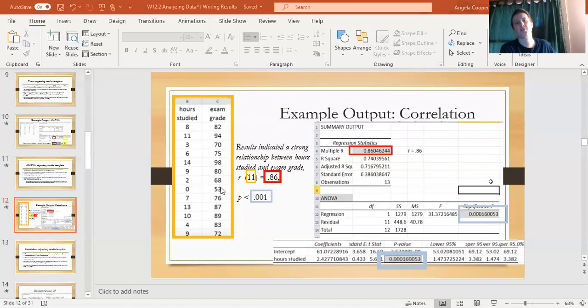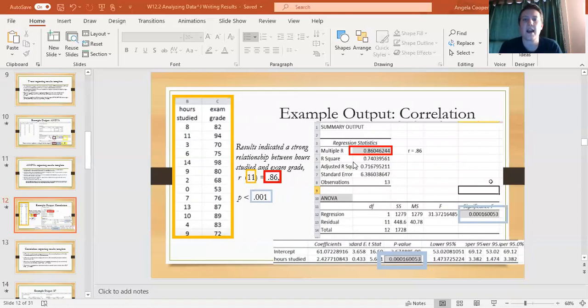Okay, so your degrees of freedom is the number of people minus 2. So you have 1 person, 2, 3, 4, 5, 6, 7, 8, 9, 10, 11, 12, 13, minus 2, that gives you your degrees of freedom there.